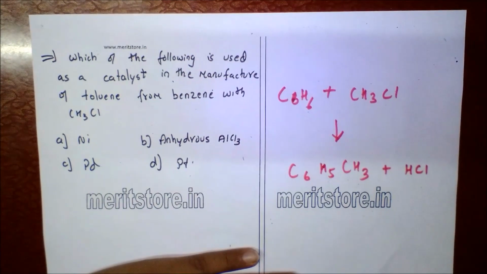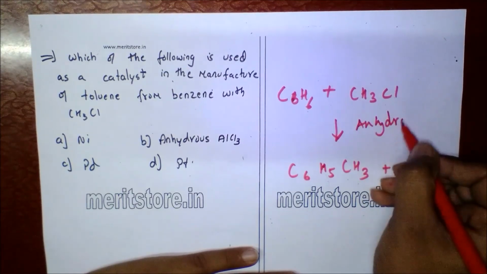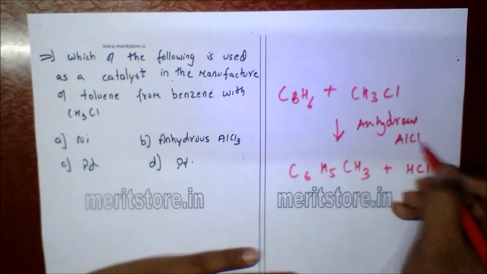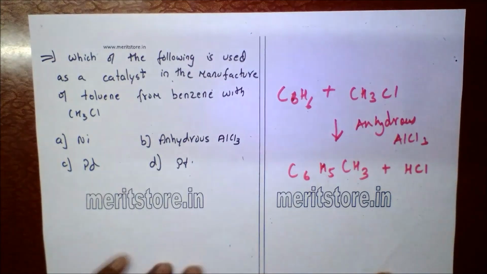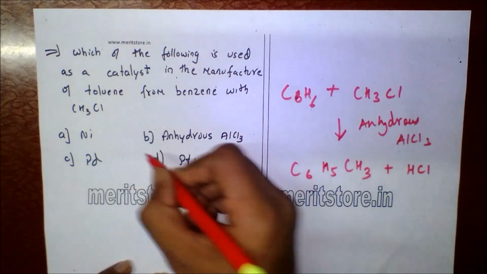Now, in order to catalyze this reaction, we use anhydrous AlCl3, which reduces the activation energy and converts benzene into toluene. Therefore, the correct answer is option B.